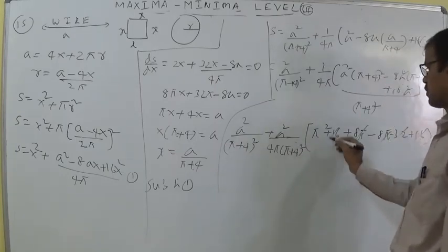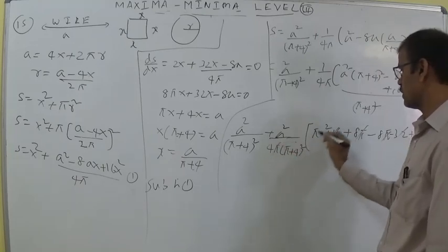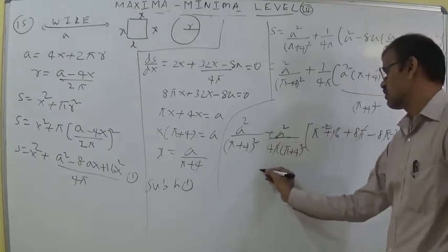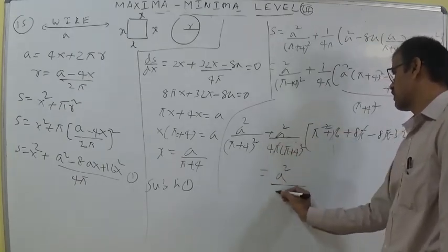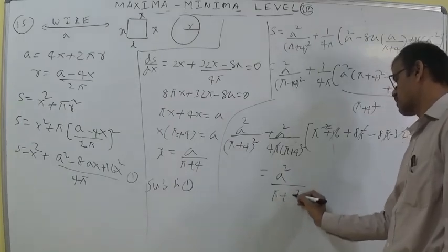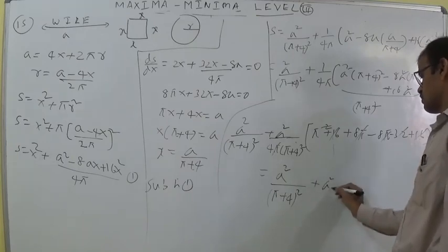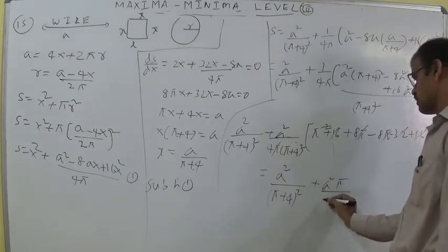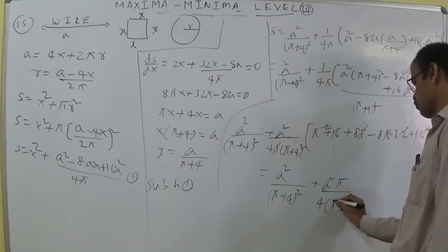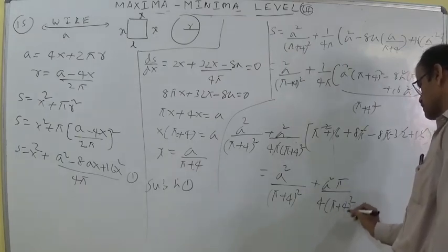Here pi square, this pi will get cancelled. A square by (pi plus 4) whole square plus a square pi by 4 into (pi plus 4) whole square.